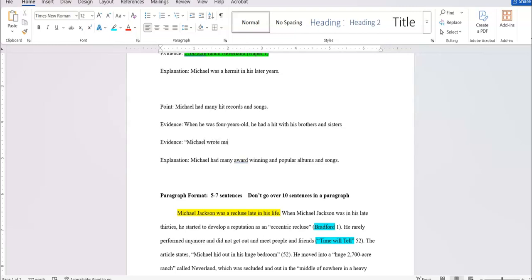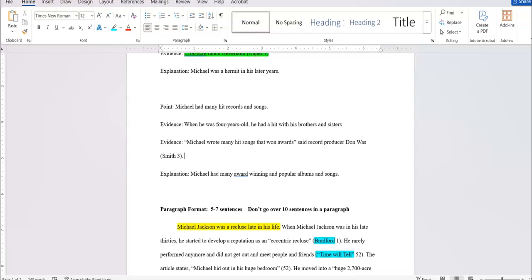Michael wrote many hit songs that won awards, said record producer Don Was. And I would need a cite there. Okay, maybe that's coming from Smith 3. But you get the point on that.